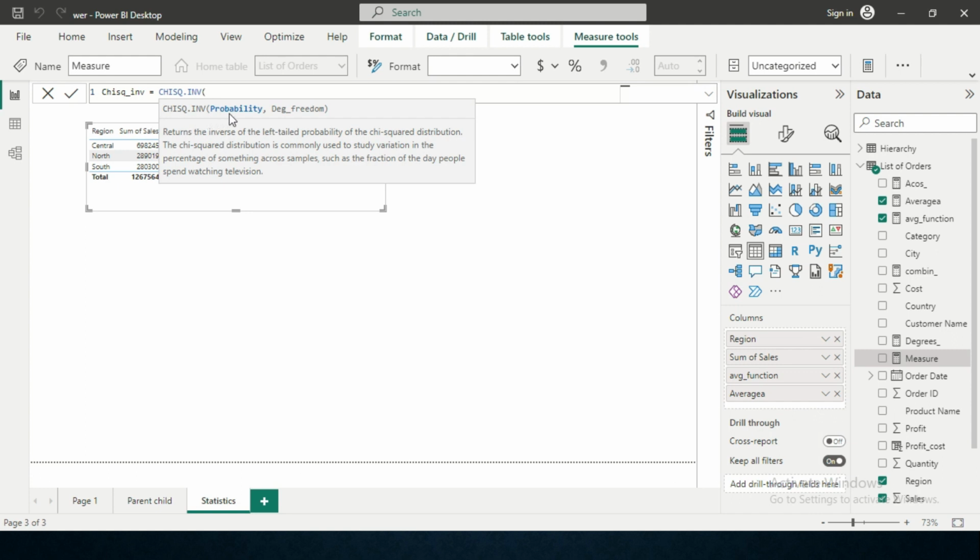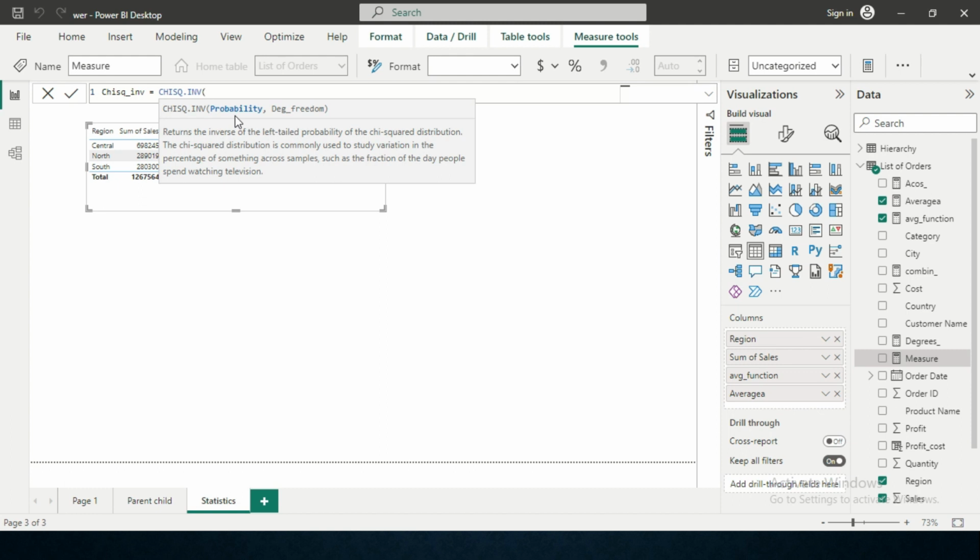The syntax is: you have to give the probability and degree of freedom, and below you can see it returns the inverse of the left-tailed probability of the chi-square distribution. The chi-square distribution is commonly used to study the variation percentage of something across samples, such as the fraction of the day people spend watching television. So this gives a clear-cut explanation of how the chi-square inverse function works.